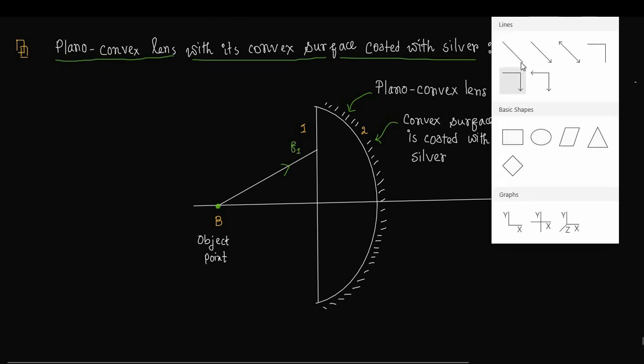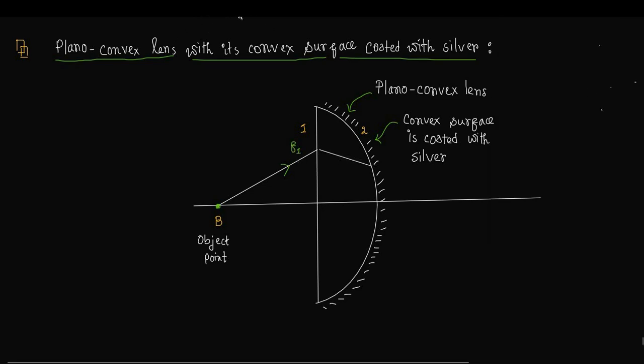Here the incident ray is refracted at the plane surface of the lens. It will be refracted along this direction, and the refracted ray inside the lens will be incident on the convex surface coated with silver, and it will be reflected, and it will be again refracted through the first refracting surface along this direction.